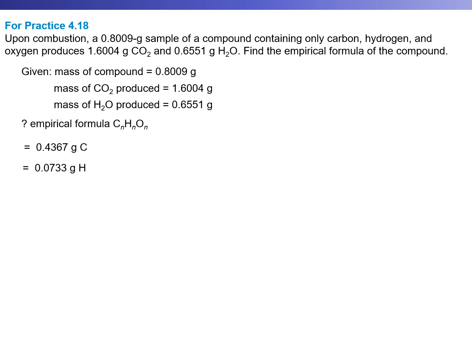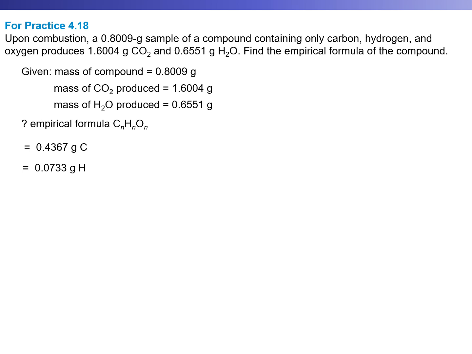Now we have found the grams of carbon and the grams of hydrogen that were produced, and we can back these out of the mass of our compound that we started with, because remember, conservation of mass requires that whatever we started off with as far as grams, we're going to have to end up with in grams.